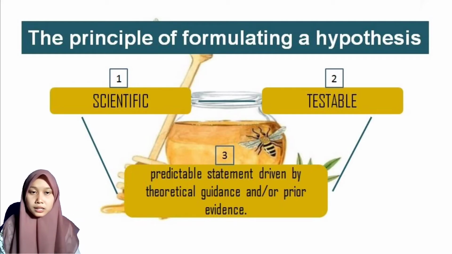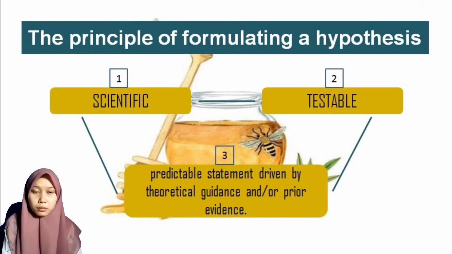Okay, the first one is the analytic statement, which is always true. The second is the contradictory statement. It is a statement with elements that oppose each other. They are always false. And the second principle is testable statements. Manipulating antecedent conditions and measuring the resulting behavior must be possible.